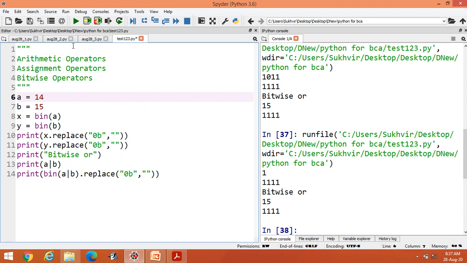All the contents are there. Suppose I am writing 14. You can check for different values. Again 15 is there. Suppose I am writing 17 here. Again 15 is there. You can change the values. Look at this one now.